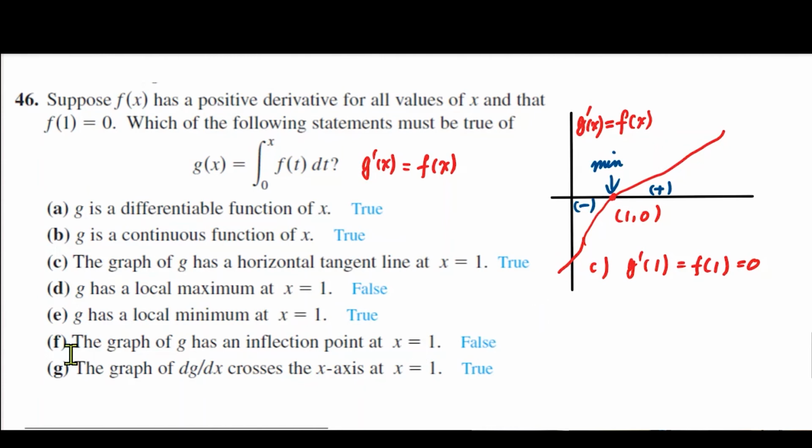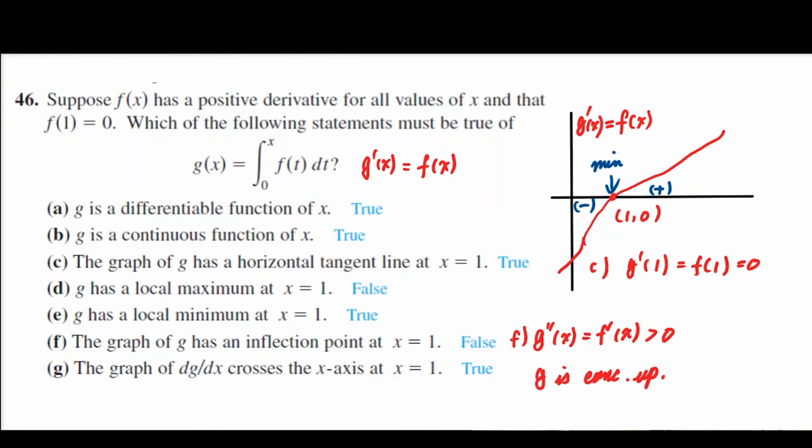Okay, now F, the graph of G has an inflection point. Nope, how do we know that? Because this is an answer justification for F. G double prime of x is the same as f prime of x now, isn't it? And this is increasing everywhere. This is positive everywhere, right? They actually tell you it's a positive derivative always. This is always positive, meaning G is concave up.